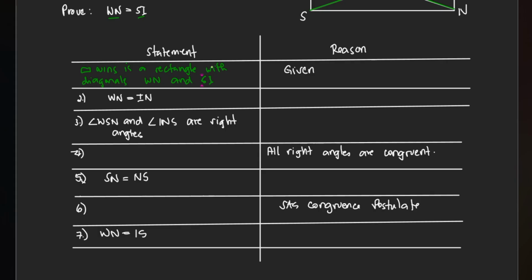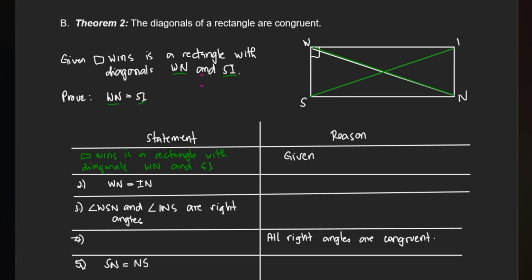Okay? So based from our given, we can create our second statement, which is the WN is equal or congruent to line IN. So if you observe sa ating given or yung diagram natin, itong WN natin from point this one to here is equal daw siya kay IN.